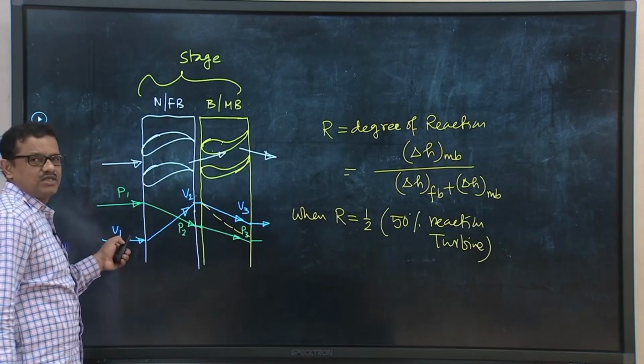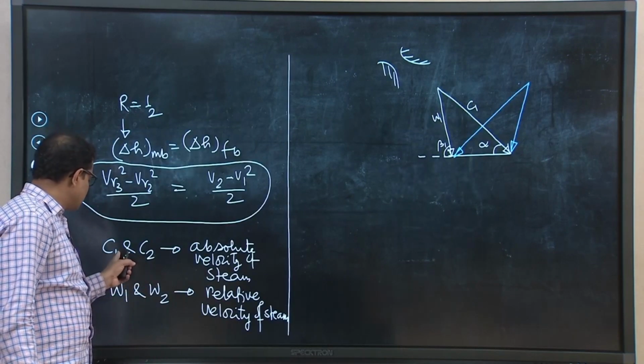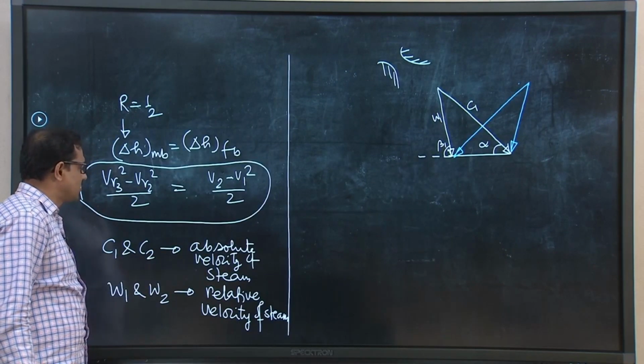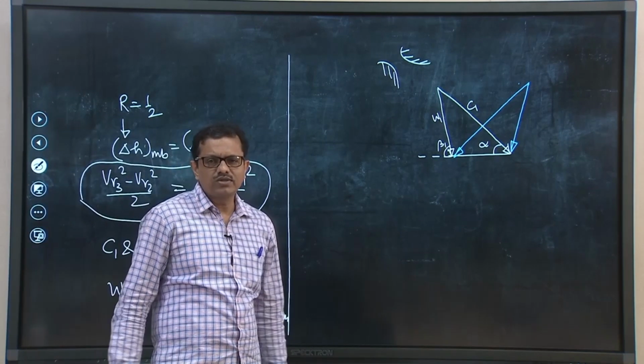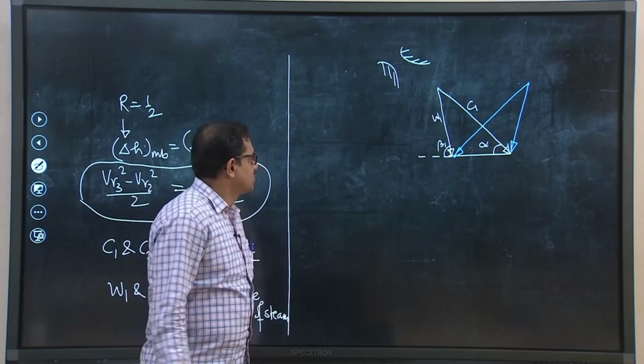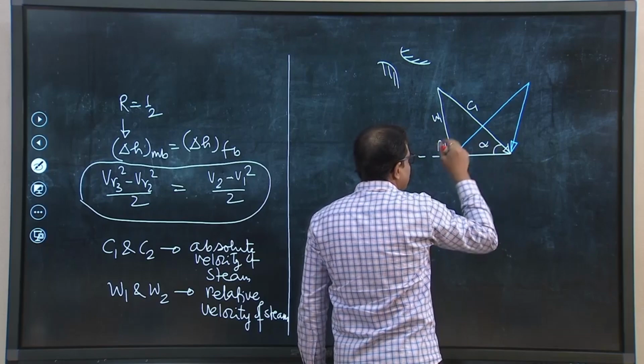Instead of V1 we are assuming this is C1. As I said, we are going to consider C1 and C2 as the absolute velocity of steam, not V2 and V1. This is up to you, you can also use V2 and V1. So now this is C1 and this is the flow angle alpha.